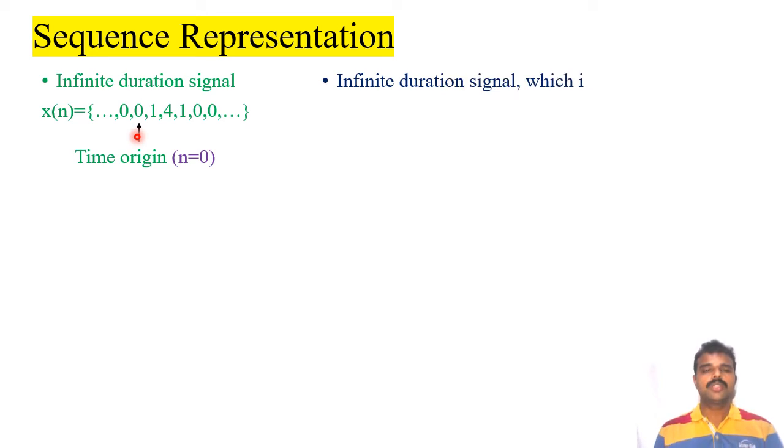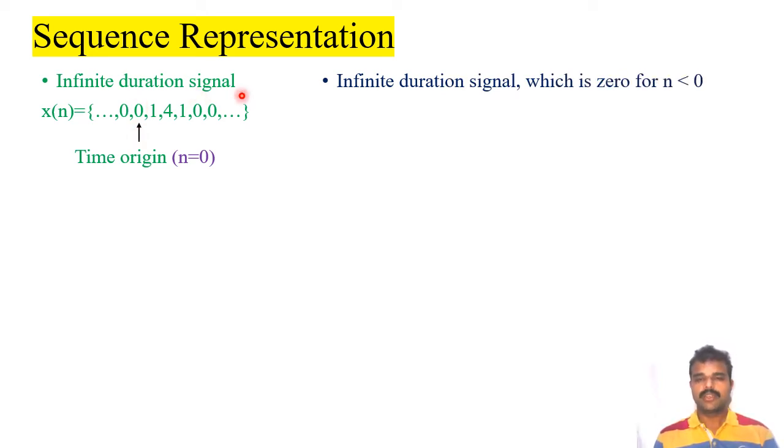Now this signal is an infinite duration signal and we'll consider a special case in which the value of the signal is 0 for every negative integer. So whenever n is less than 0 and the signal is 0, we usually represent such signals in the sequence representation like this: 0 1 4 1 0.